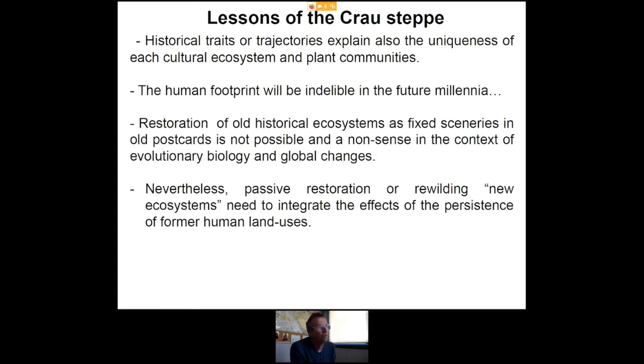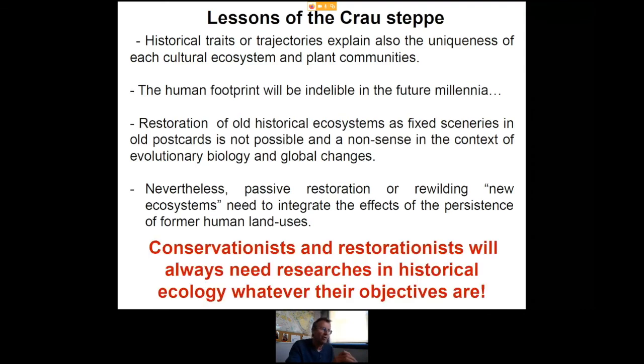So very good news for our historical ecologists is that whatever the objective, if restorationists want to restore a cultural ecosystem, or if they want to do passive restoration or rewilding, they will always need research in historical ecology, whatever the objectives are.